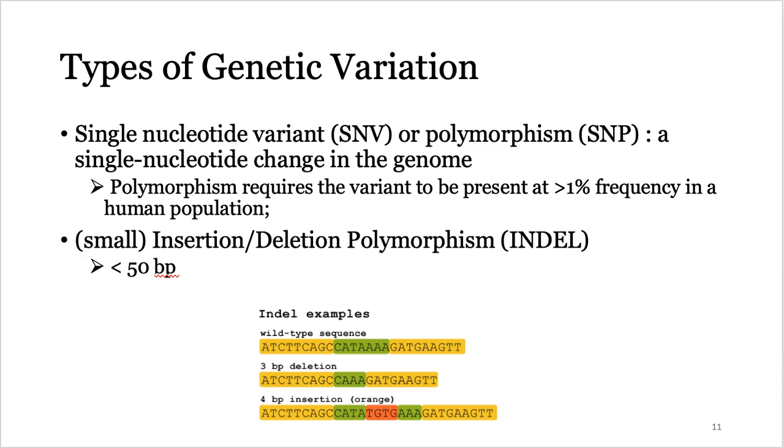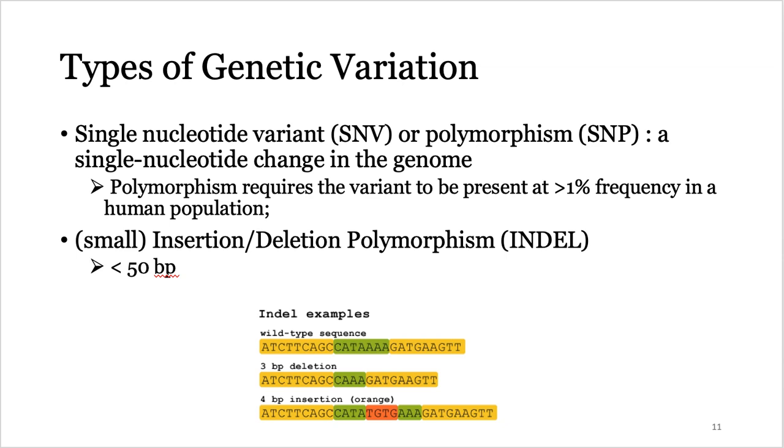For example, this is a wild type sequence, and these are 3 different alleles that can refer to a specific genomic region. It could be more than 1 base pair. So we can call this 3 possible alleles in the same position.